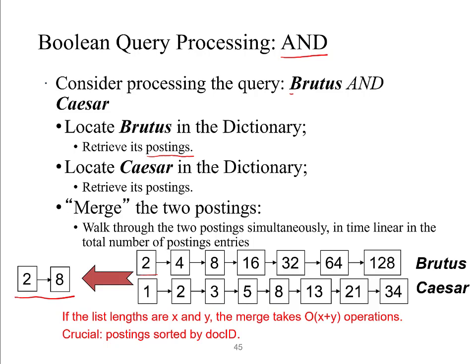In order to do that, a very important point is that the postings are sorted by document ID. This is very important, and we will see in the next slides, in our design of the MapReduce program, that this sorted-by-document-ID property needs to be preserved.